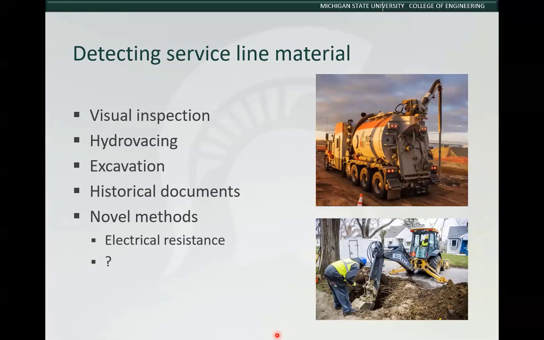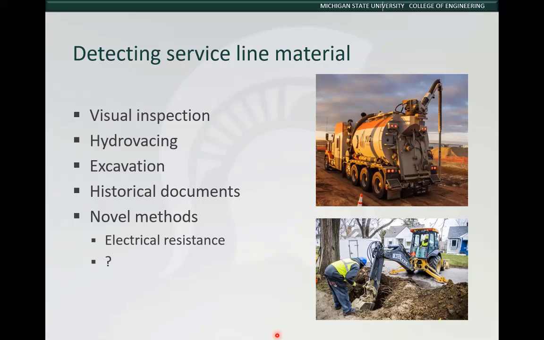When my parents had the leak, they decided that they were just going to replace a portion of the pipe that was leaking. So they did a partial replacement. They had copper, but everything else was lead. So if they did a hydrovacing, it actually would have shown that there was copper, but everything else was lead.